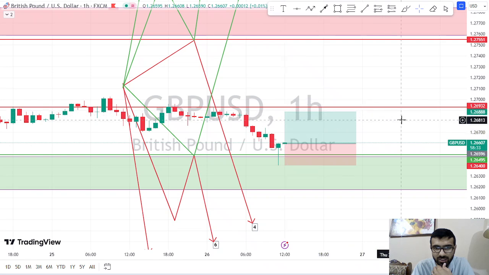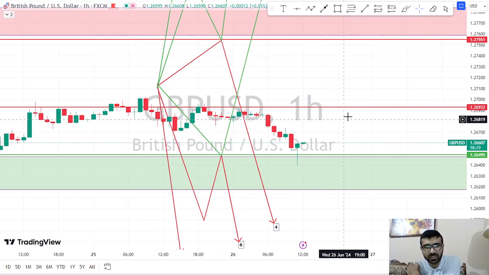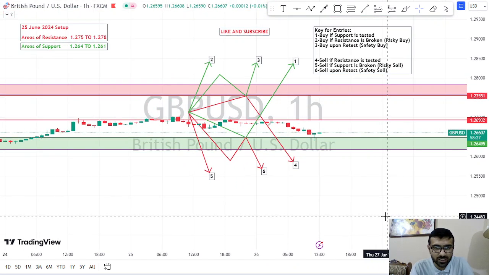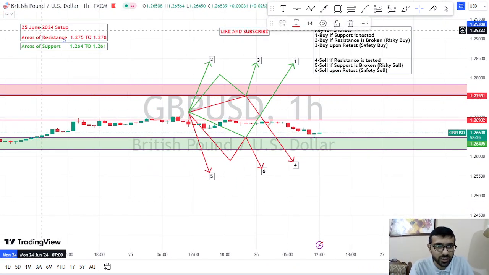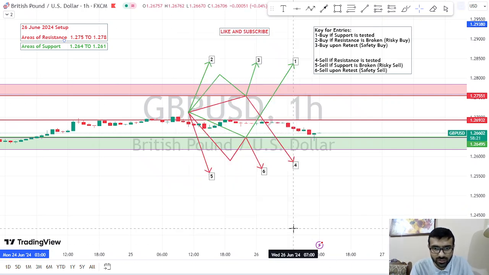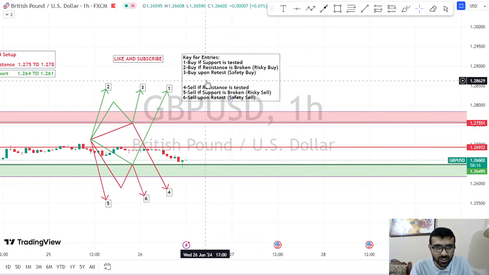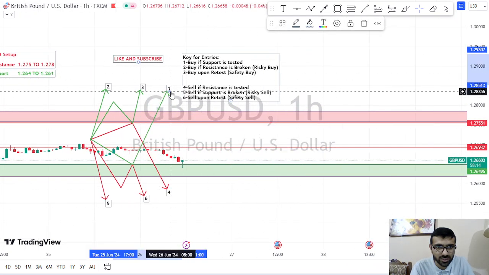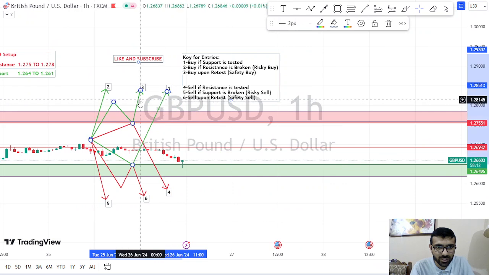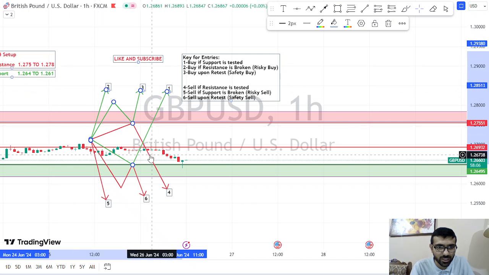Okay, till here. So let us see how markets behave, and we will be looking for some good trades in this pair. And for today, 26th of June, the areas of support and resistance are going to remain same, because everything is in front of you guys. Market has moved just perfectly within our given ranges, and our trades have executed just as we had already informed you guys yesterday.